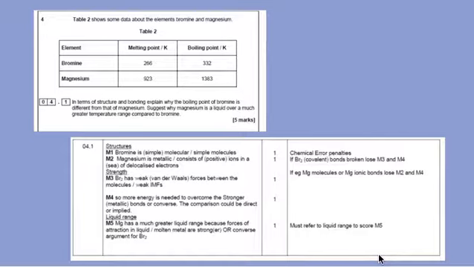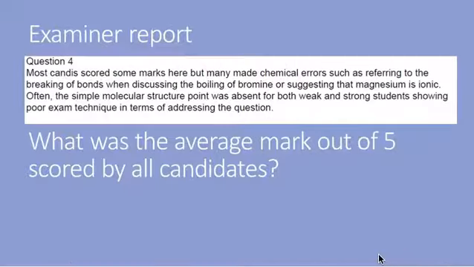Any reference to the wrong types of bonding was very, very heavily penalised. Chemical error penalties, where you make a statement that is chemically incorrect, are penalised very harshly. On a question like this with a number of marks, they typically carry a penalty of 2 marks. And those 2 chemical errors carried a penalty of 3 marks altogether.